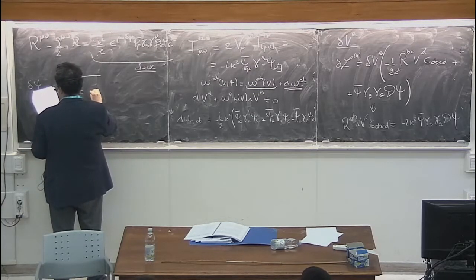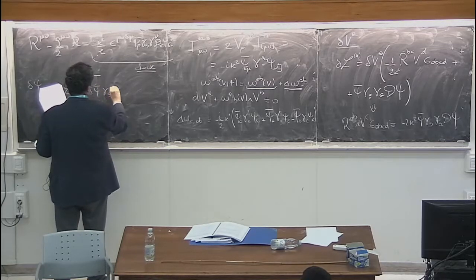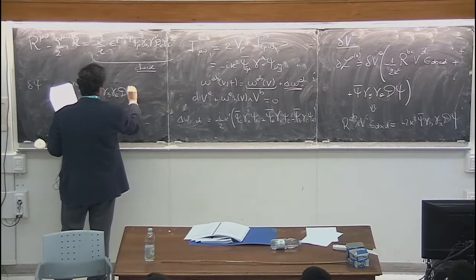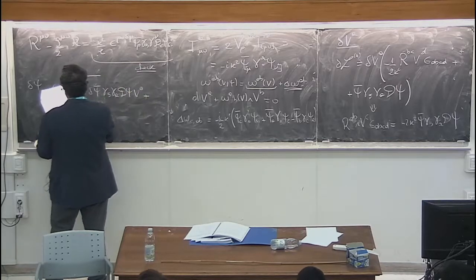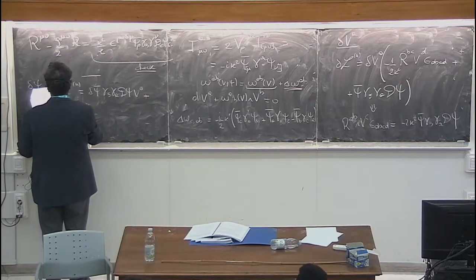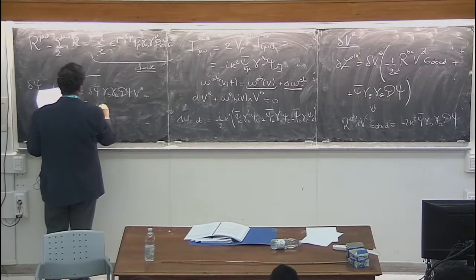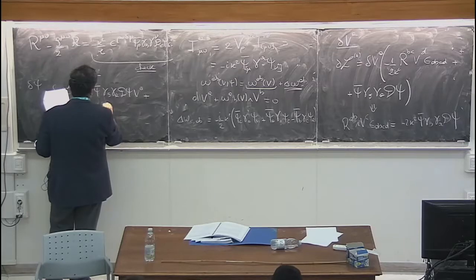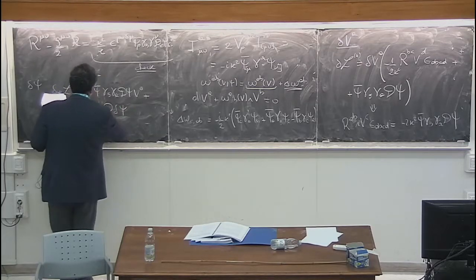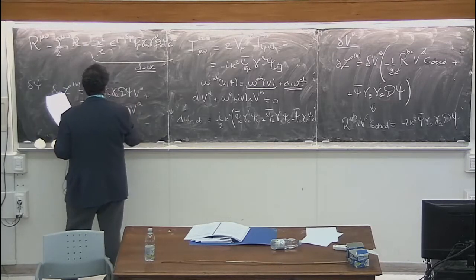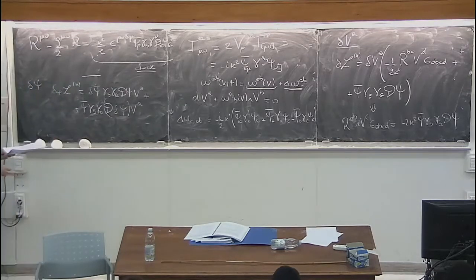And here I get delta psi bar gamma 5 gamma A d psi VA plus psi bar gamma 5 gamma A d of delta psi VA. Okay, you vary psi.